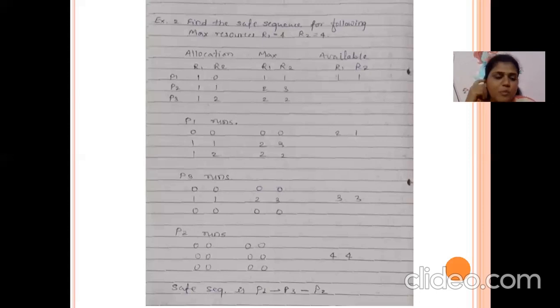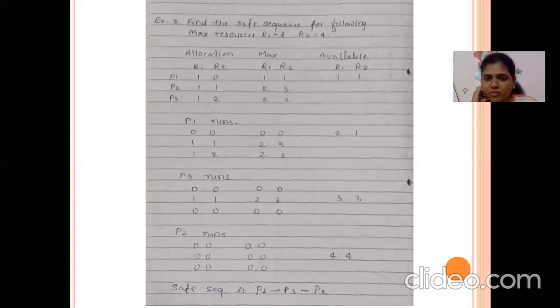So P2 can be executed now, and it will execute by taking the resources from the available matrix, and it will release all the resources which are already there in its allocated matrix, and all those released resources will be added to the available resources.